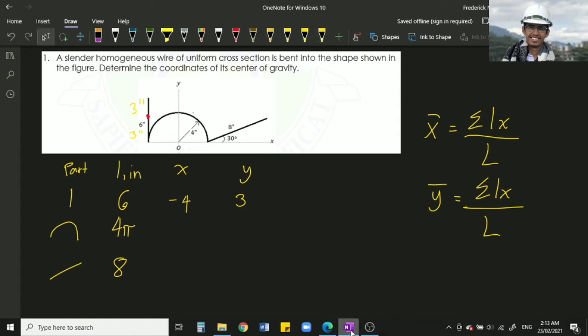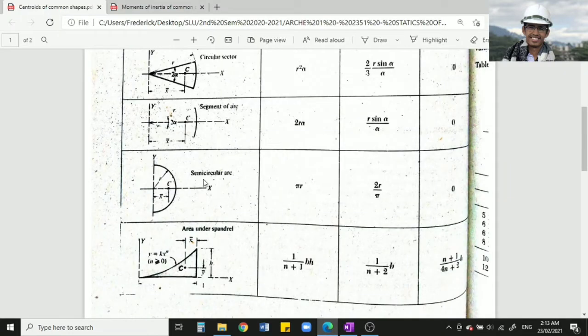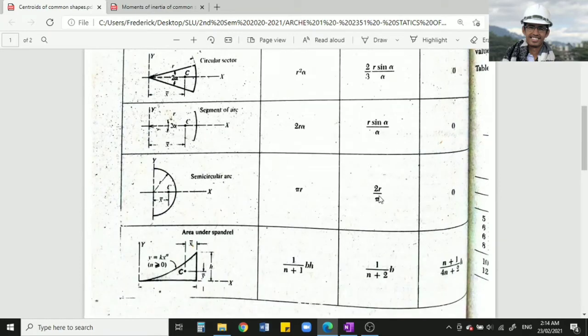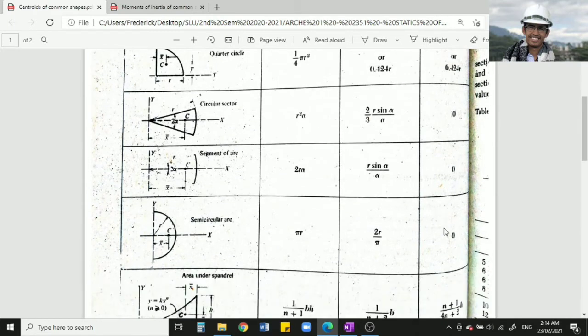So, for the semicircle naman class, pwedeng tingnan na lang natin yung nandun sa ating table. So, for the semicircular arc, yung centroid niya will be along mismo dun sa kanyang, ganito yung orientation ng arc natin. So, coincide siya dun sa ating x axis. Okay? So, yung x natin dito, sabi niya dito, yung bar x will be 2r over pi, and yung bar y is equal to 0. Okay?